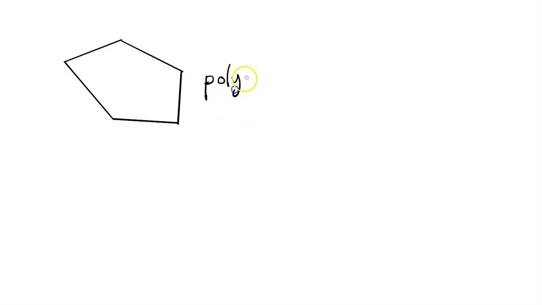If we have a plane figure made up of straight lines, for example like this, then that is called a polygon. So it's a figure made up of straight lines. It's a polygon. And here we have edges and vertices.